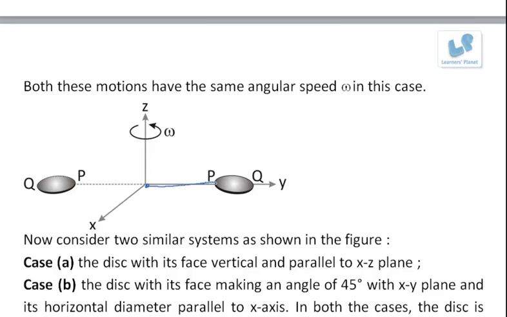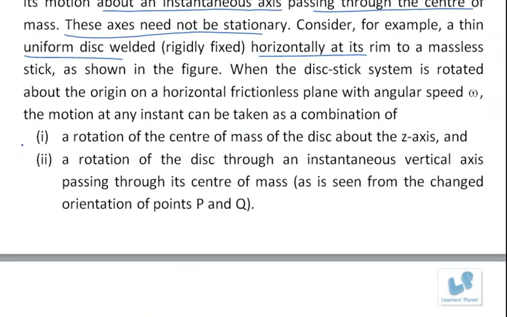This is the stick, and at this end of the stick the disc is welded, and this disc is rotated about an axis passing through the origin, the axis being Z. Now let us say the center of mass is here. If you study the center of mass, it will move like this. Is that correct? This point P after half a rotation will come over here, and point Q will come over here. Now let us see the statement.